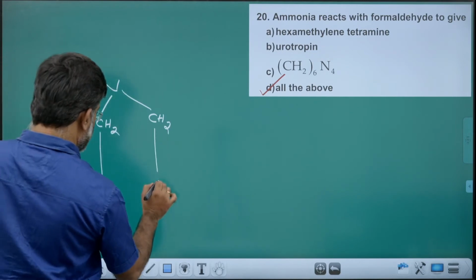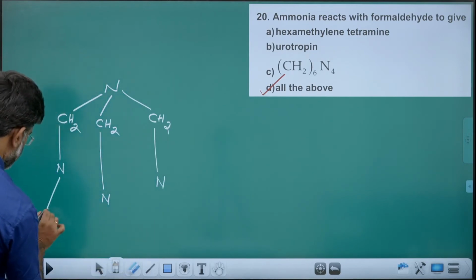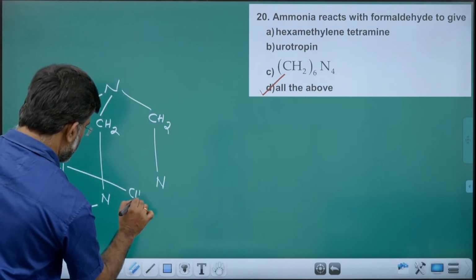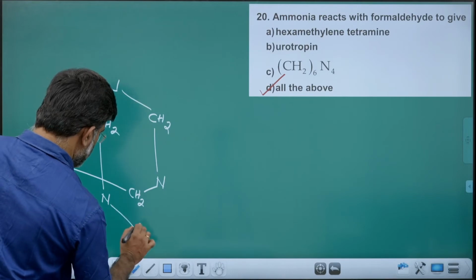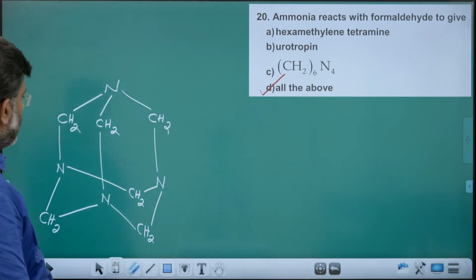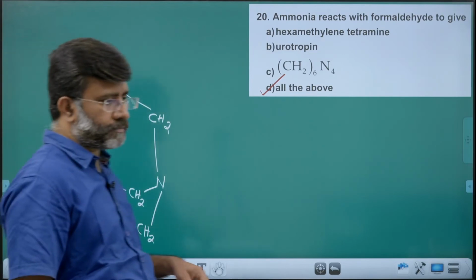This is the structural entity. This is hexamethylene tetraamine.